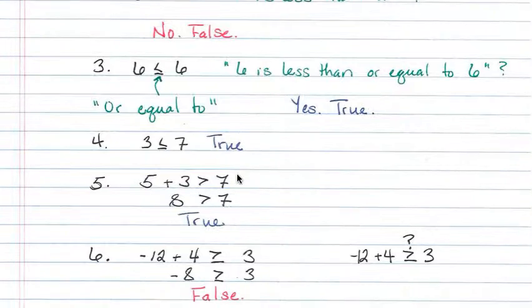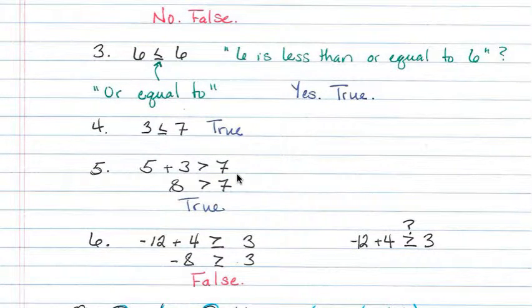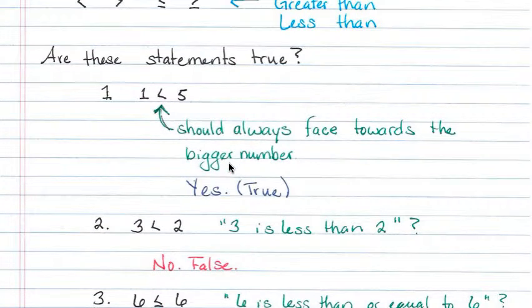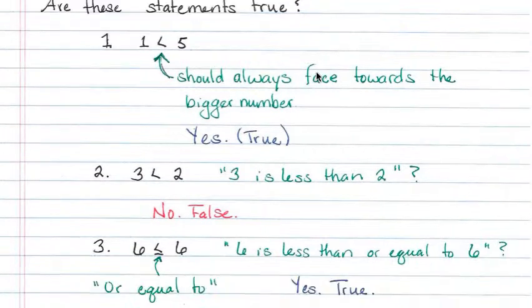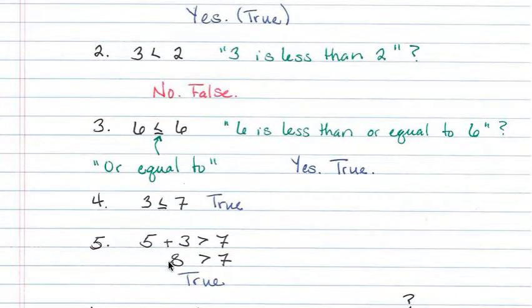Now, with inequalities, you can also have more than just one number on either side. You can have some math to do, some arithmetic, some algebra. You can do different things. Now, for this problem, I have 5 plus 3 is less than 7. That's a question. Remember, the instructions were, are these statements true? We're supposed to figure out if they're true or false.